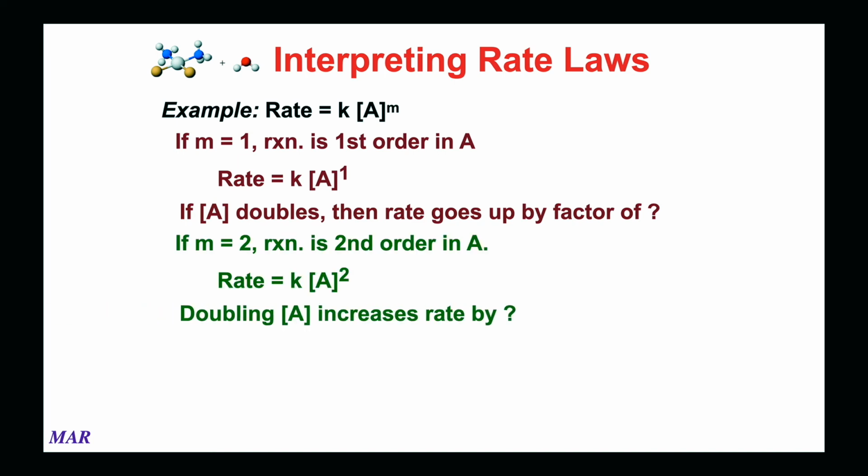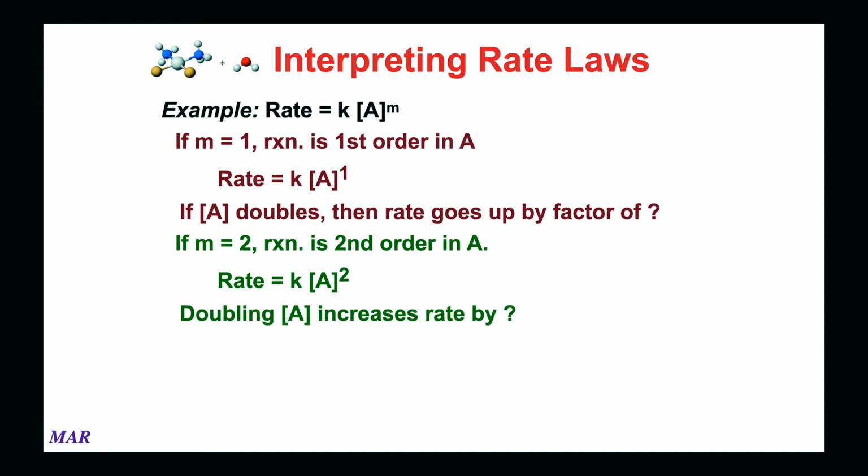You can have, though, an M value equal to 2, all right? And in this case, we would call it a second order reactant. Now, anything to the second power is going to have a different effect on the rate than the first power. So let's say that we have a 1 molar A solution, and then we double A to 2 moles per liter.